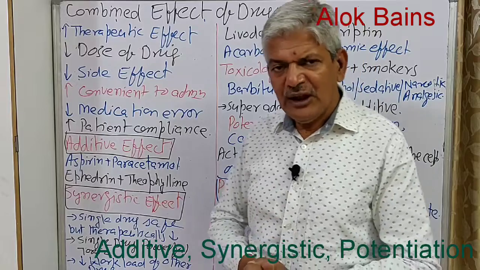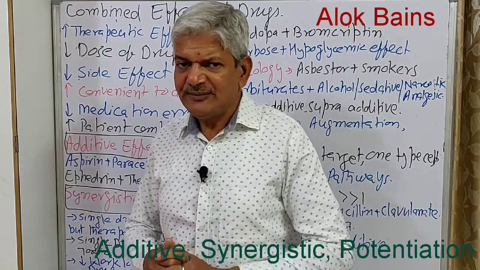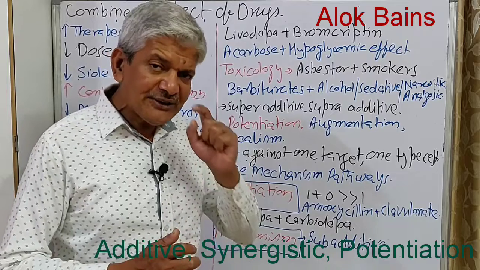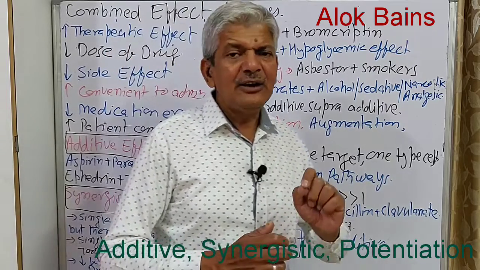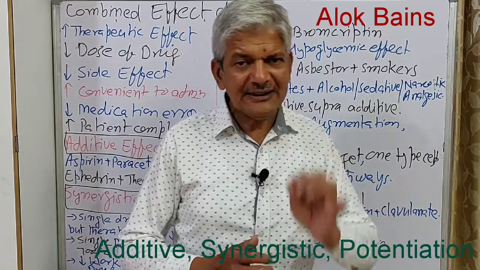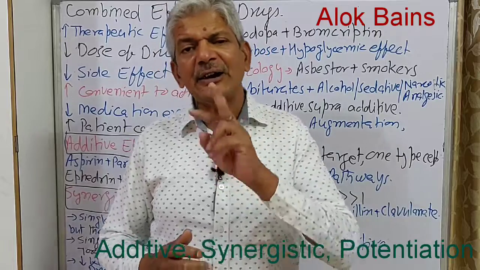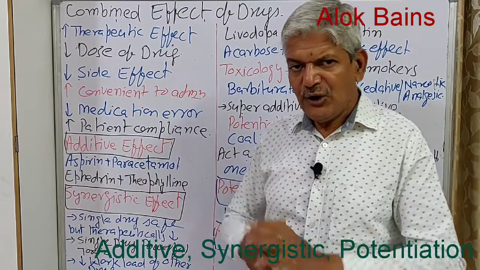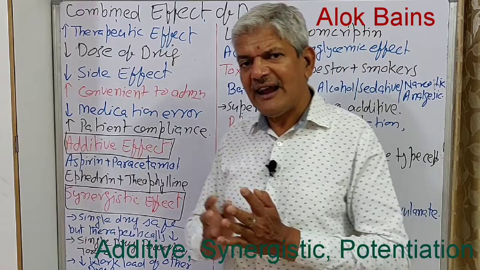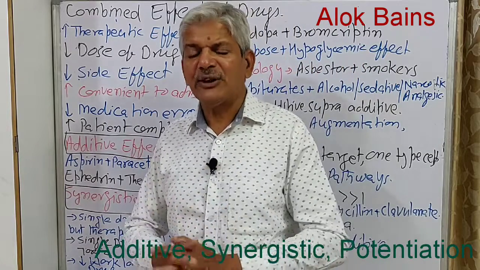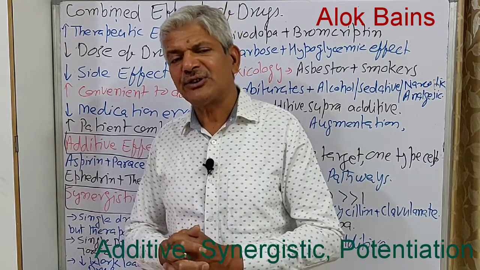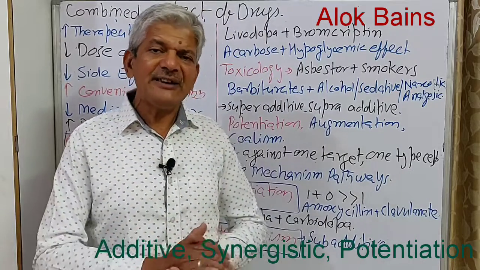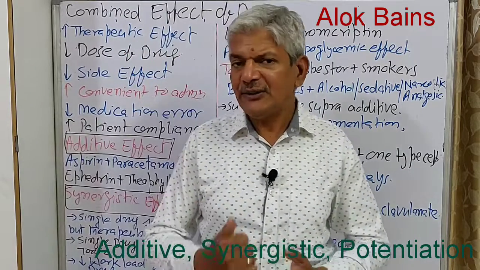For example, we are using 2 drugs, drug A and drug B. Suppose drug A kills 40 bacterial cells and drug B kills 60 bacterial cells. We are combining drug A and drug B and administering to a patient, and it is destroying 100 bacterial cells, then it will come under the category of the additive effect.